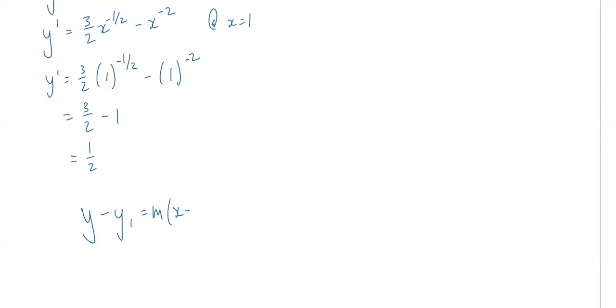So I'm finding the equation of a tangent. So I use the slope of the tangent and the point on the line. And again, this is the power of this formula.